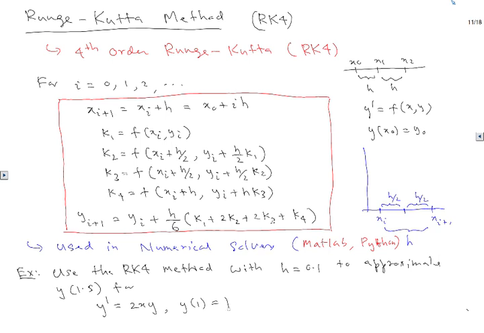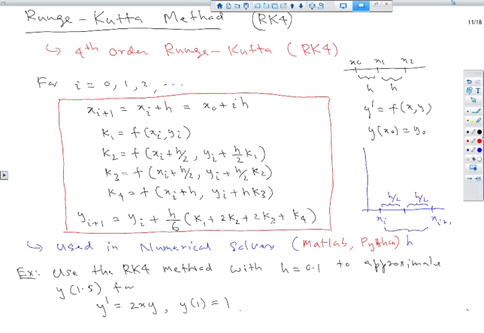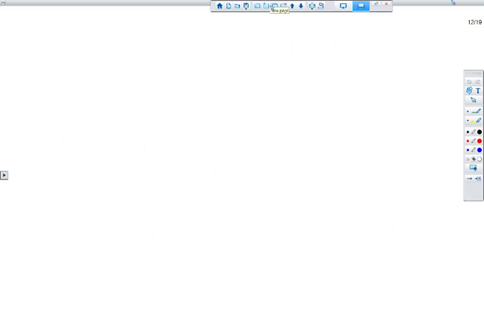Okay, good. So let's see how the calculation is going to follow. What we can do is calculate those four slopes, and then plug in there. That's how we do it. So let's do that now.